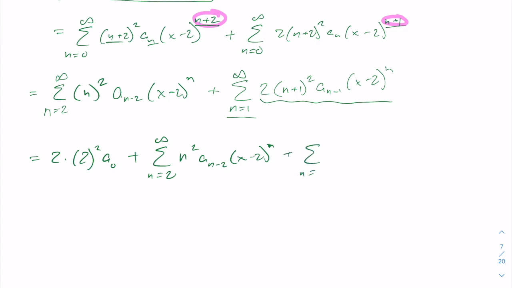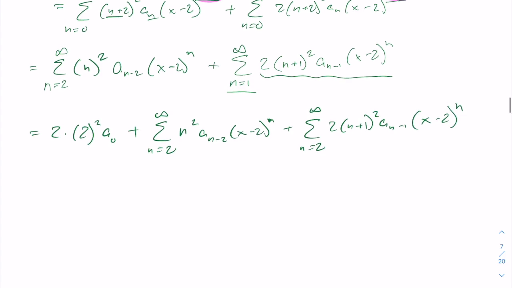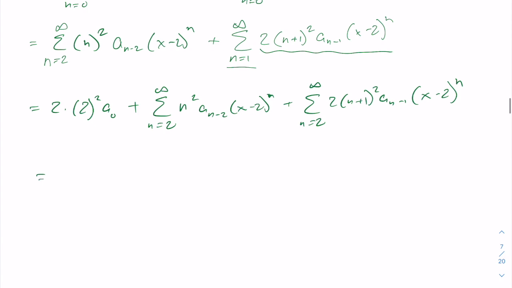plus the sum from n equals 2 to infinity. Right, I took off that first one. (2n plus 1) squared a sub n minus 1, (x minus 2) to the n. And now I have a single series.